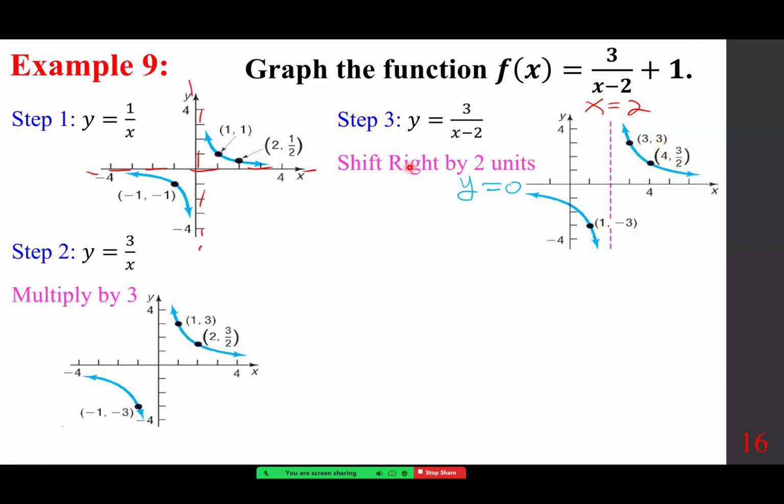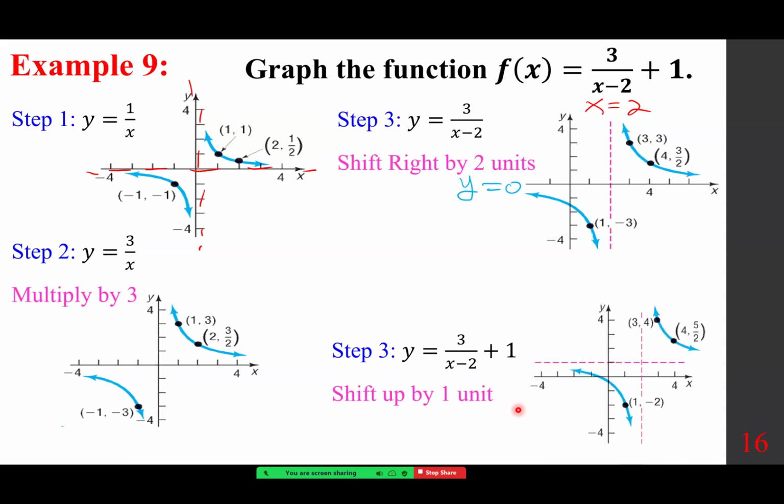And the effect is that your horizontal asymptote is changing. So we are shifting it up by 1 unit. And the horizontal asymptote, which was y equals 0, now it's y equals 1. So the horizontal asymptote has changed to y equals 1, and your vertical asymptote of x equals 2 has not changed.